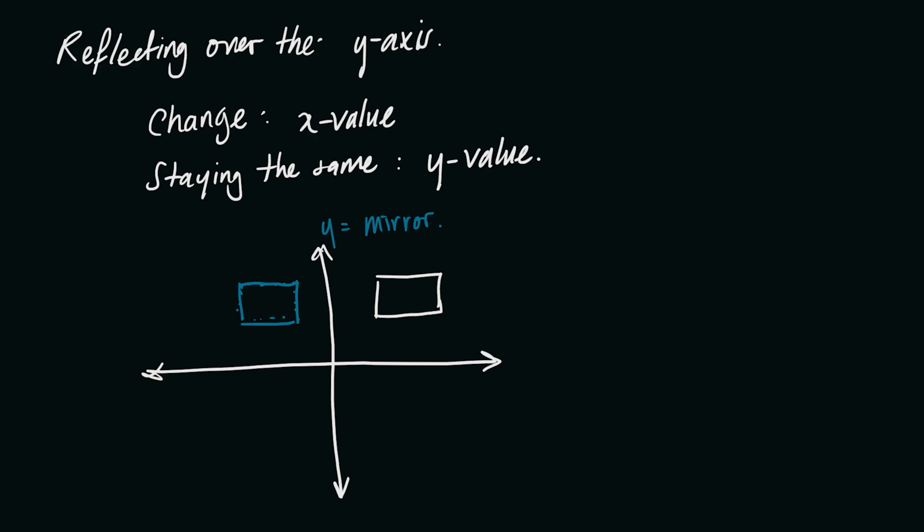So how can we represent that inside of our function? Our original function is f of x.